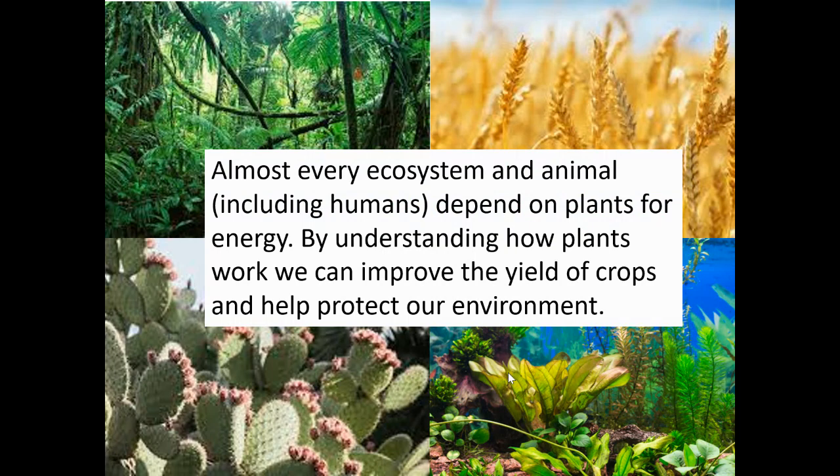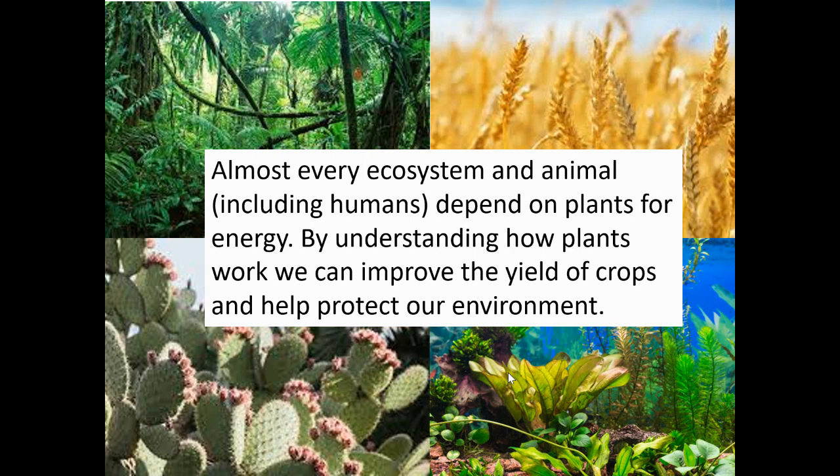Before we get going, why are we learning about plants? By now, hopefully, you should be able to tell me this. Basically, plants are the reason that all life on Earth has energy, effectively. So all animals require energy that plants are able to capture from the sun.